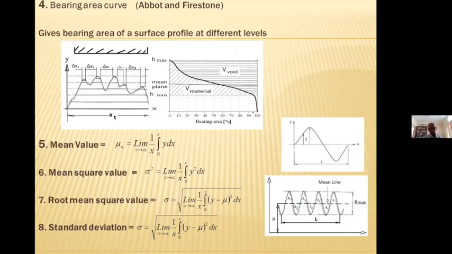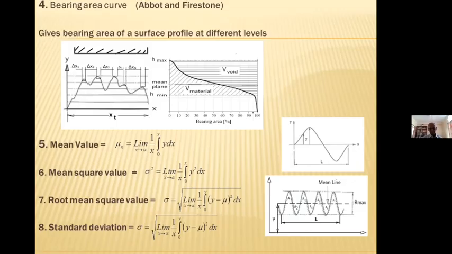Ideally, it should be a very large sampling length, and then we divide it by that length, and we get a mean value. The mean line is such that the area above is equal to the area below, enclosed by the surface and the mean line.